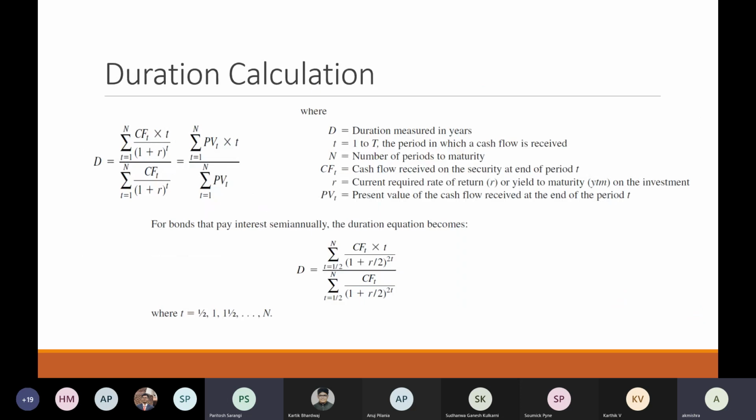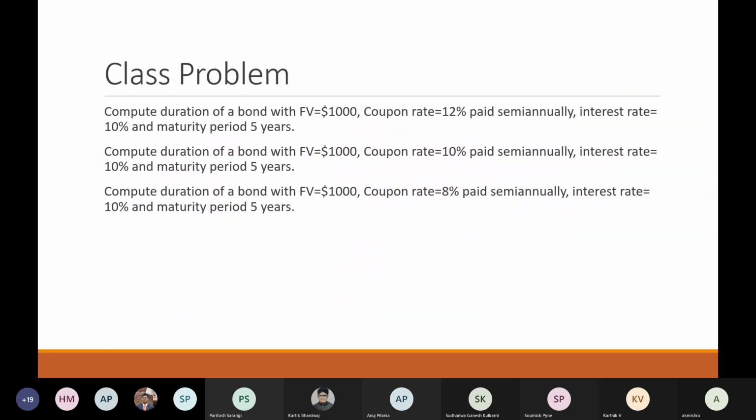And if you want this formula, you can note it down. Once you are done, you can raise your hand. So I'm waiting. You calculate at your end, and then we'll discuss.